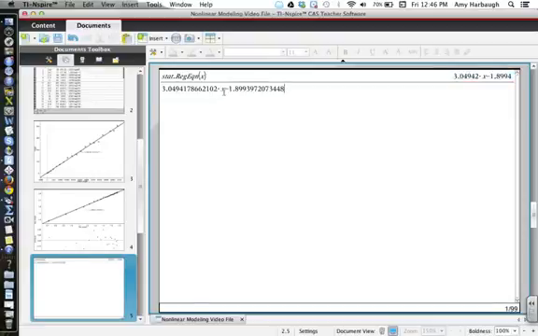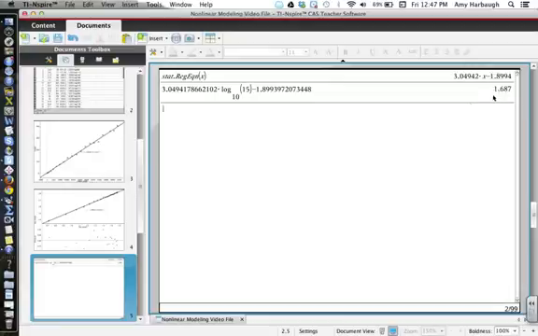And in place of x, I'm going to make my replacement of the log of 15, because my actual length is 15, and this x is referring to log of length. Okay, then we'll hit enter. And it gives me a number here. I need to interpret that correctly.